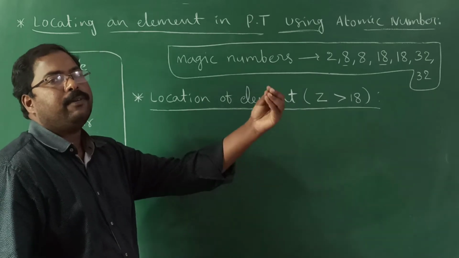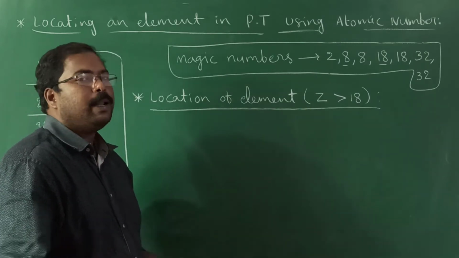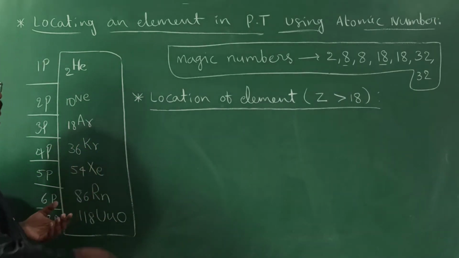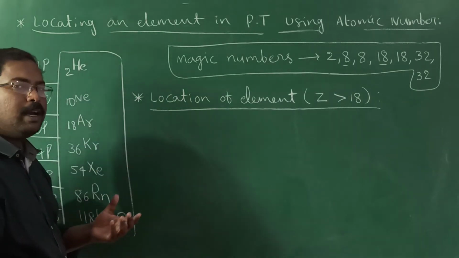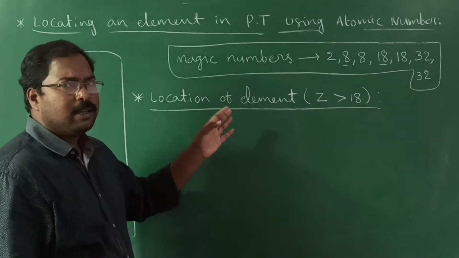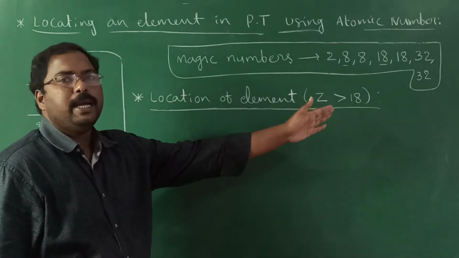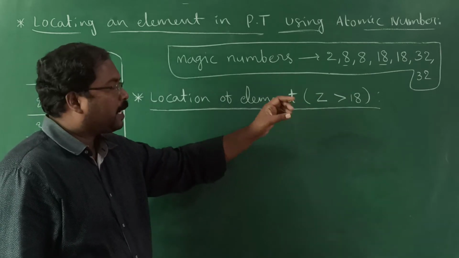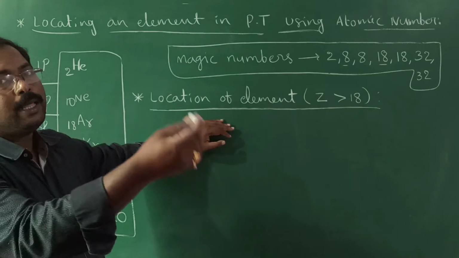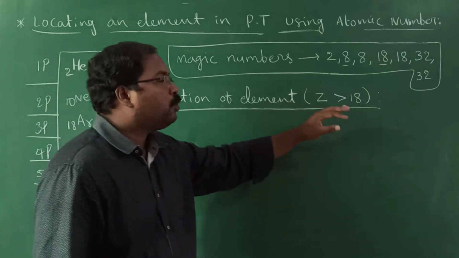For example, the 11th element belongs to the first group. Okay? We all know about that one. The 11th one is what? Sodium. Sodium belongs to the first group. Okay? So the starting elements up to 18, we all know. Because in every group the starting 2 elements we learned. Now we are coming to the higher atomic numbers.